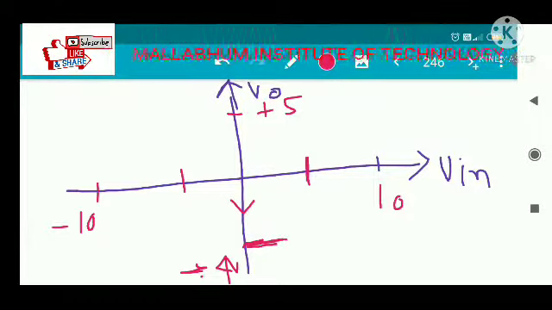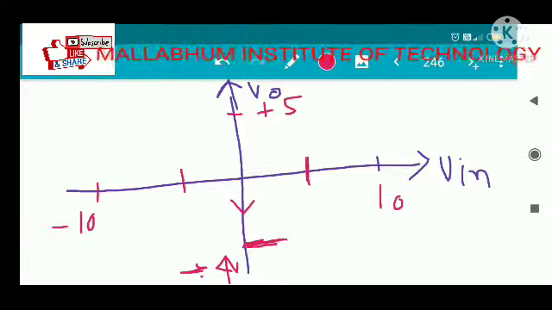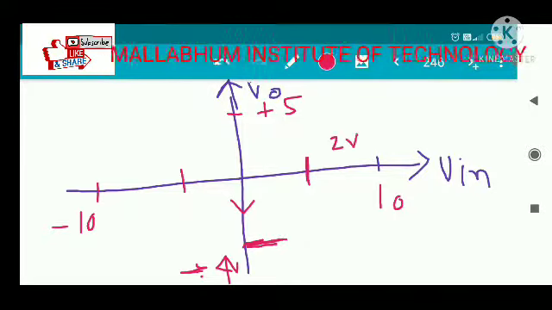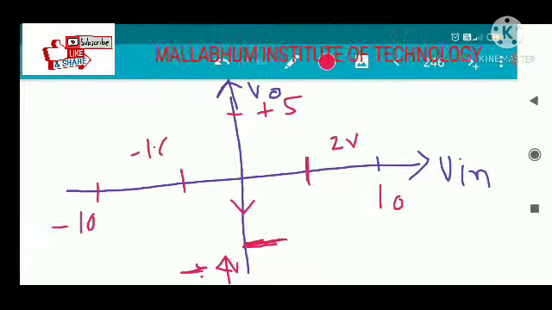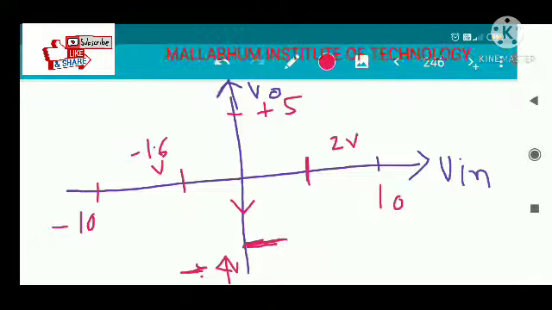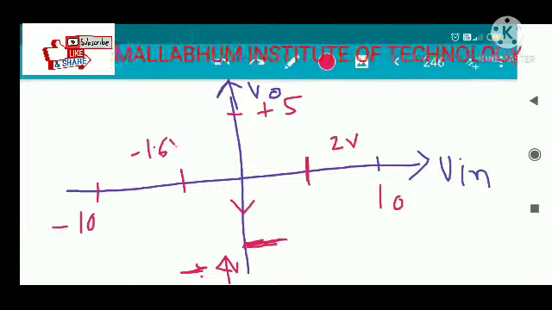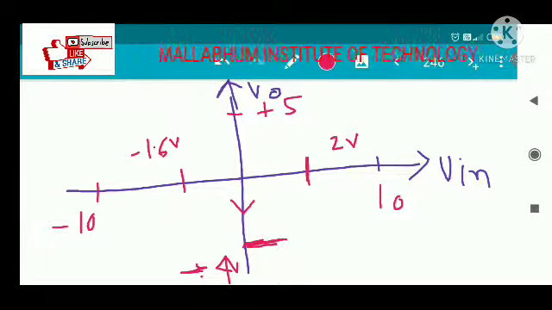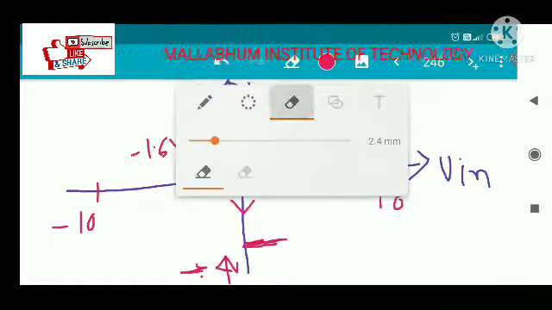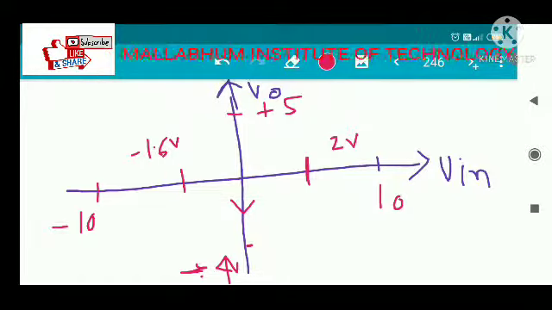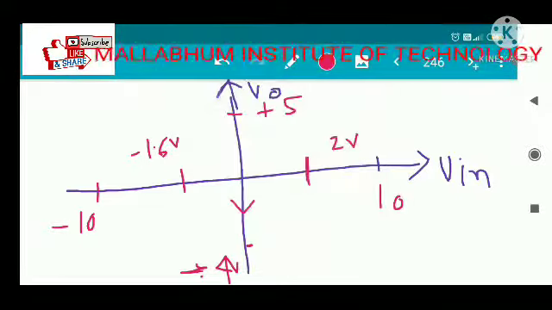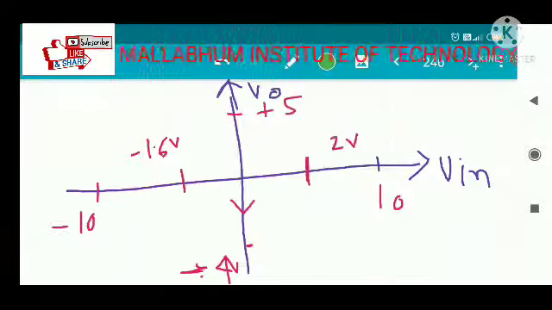This is your 2 volt line and this is your minus 1.6 volt line. This is the reference potential that has been created. Initially your output is at minus 4 volt.